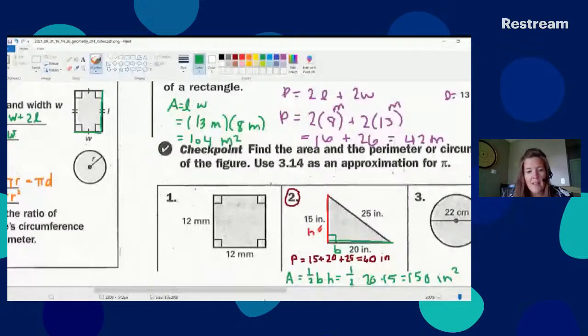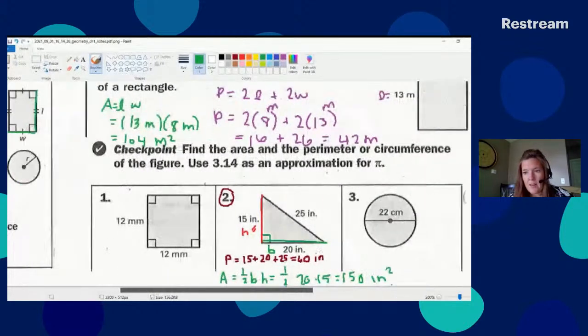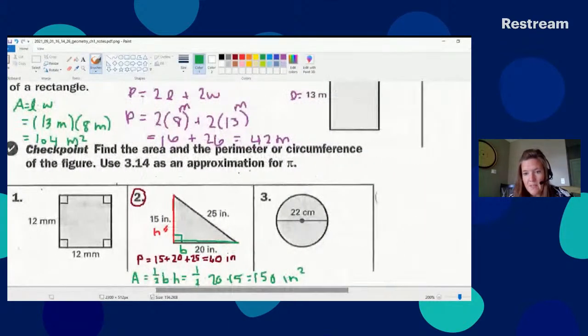All right. Last up, I do want to practice a circle. So you can see this circle. Now, how this is drawn, we've got 22 centimeters. So think about, what do you think 22 centimeters means? Do you think that's the diameter or the radius? In this case, 22 centimeters is actually the diameter because they have this line drawn all the way across.